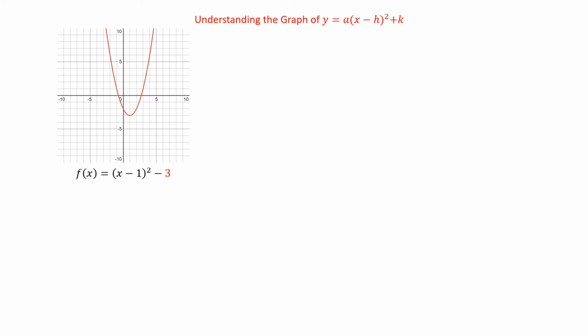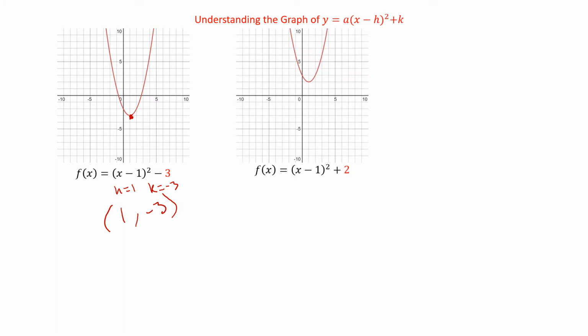If I graph f of x equals x minus 1 squared minus 3, notice in this case, h equals 1, k equals negative 3. Where's the vertex? Right here, at the point 1, negative 3. How about if we have this one? x minus 1 squared plus 2.